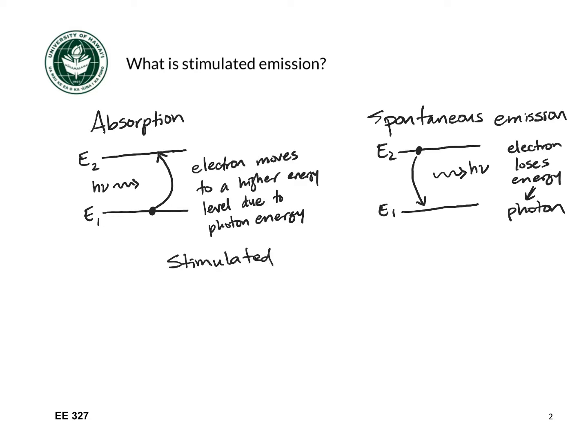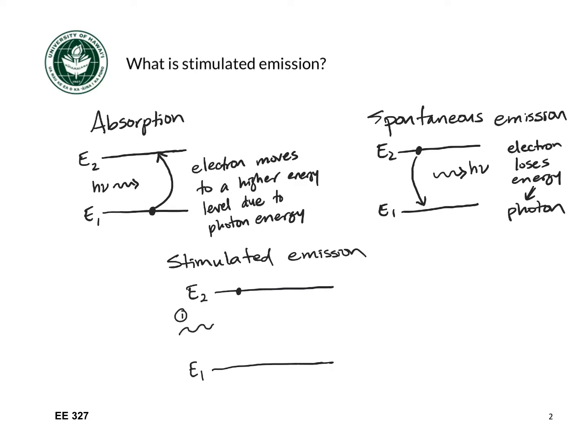Now for stimulated emission, we have, again, this two energy level system, an electron at the higher energy level, and unlike spontaneous emission where the electron just falls back down to the lower energy level, we will have a photon come in to this system.